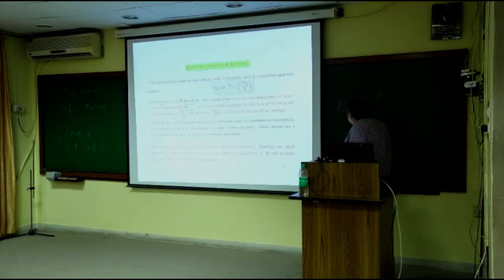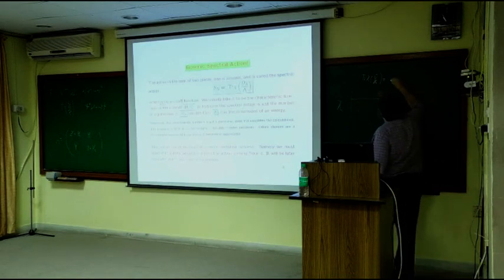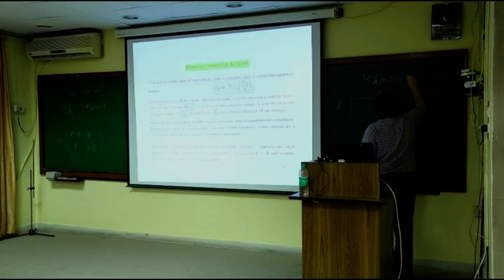If this is the cutoff, then the trace of chi of D divided by lambda equals the trace of chi of D squared divided by lambda squared.